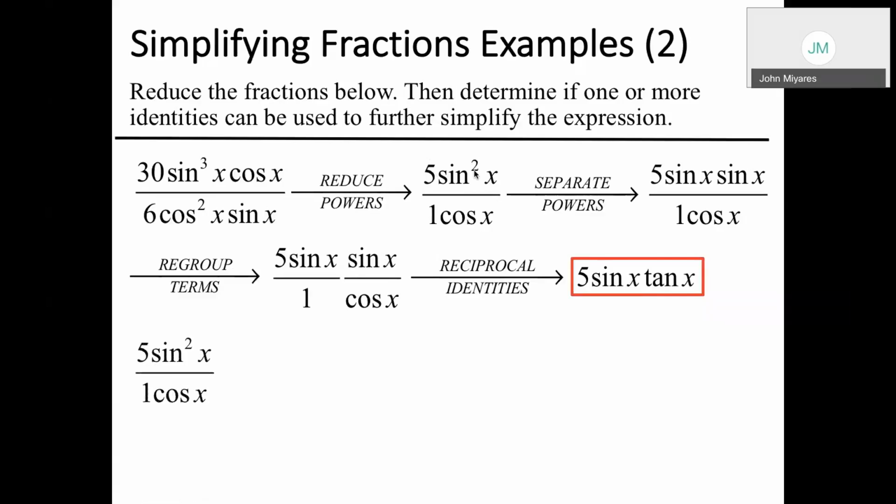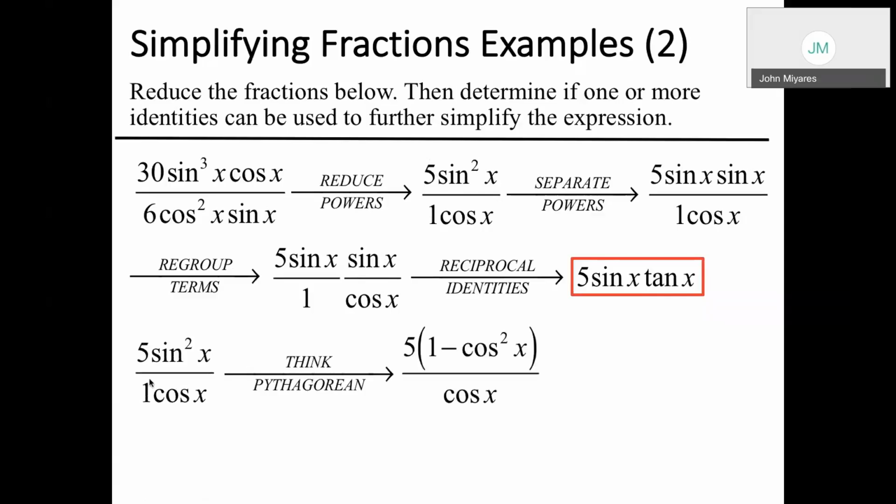Recognizing the square in here, we could think about how we might apply the Pythagorean theorem. The sine squared of x could be rewritten as 1 minus the cosine squared of x. And from there, we would distribute the 5 to get 5 minus 5 cosine squared of x all over cosine of x.